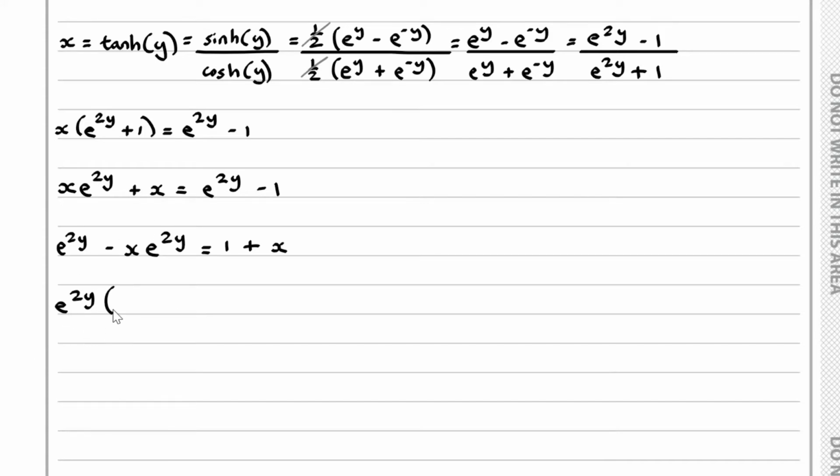So we have e to the power of 2y lots of 1 minus x equals 1 plus x. And if we divide both sides through by 1 minus x, we have e to the power of 2y equals 1 plus x over 1 minus x.